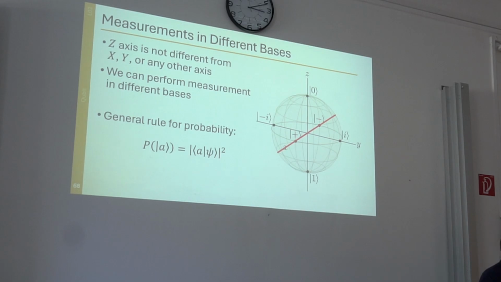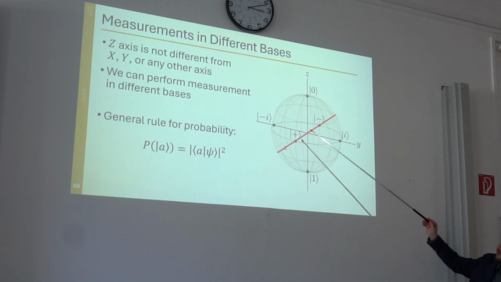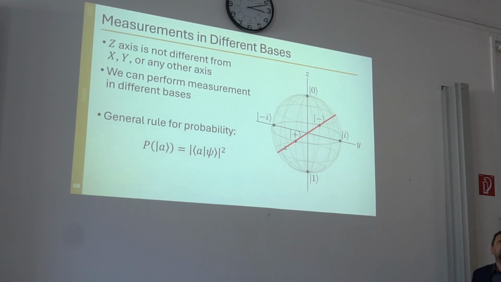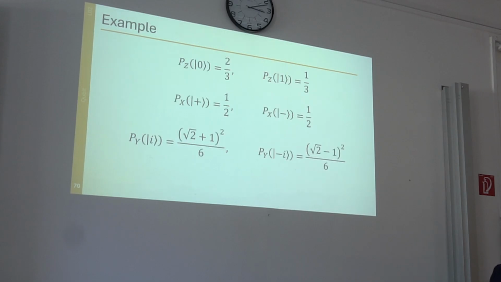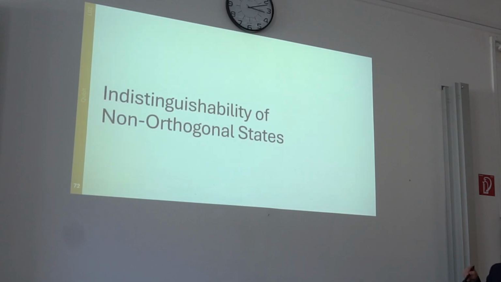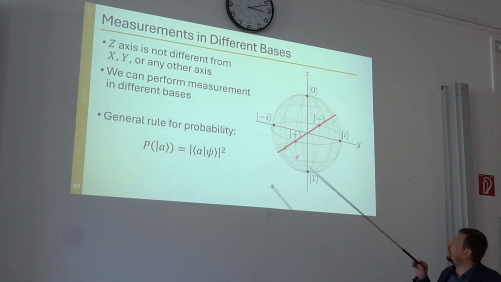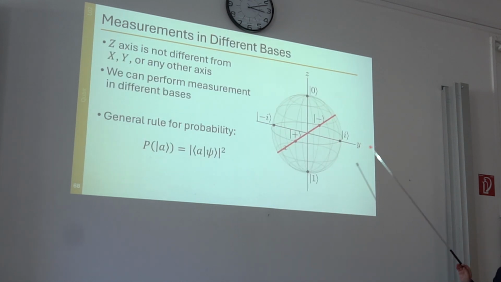What happens after this measurement of a qubit? The qubit collapses to the corresponding state. If I measure the qubit in the X basis and obtain the result that it is in state plus, after the measurement I can be sure that the qubit is in state plus. We will consider this example probably in seminars.